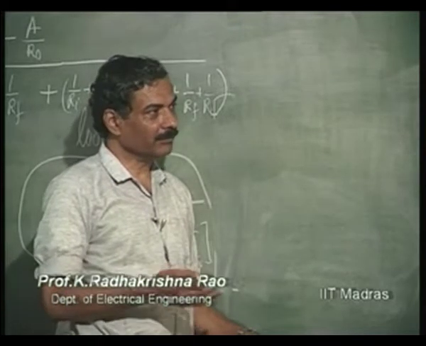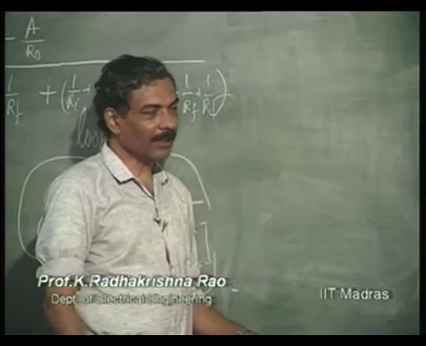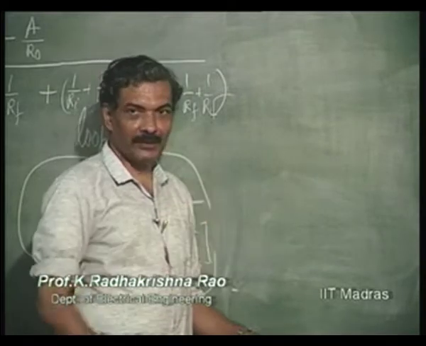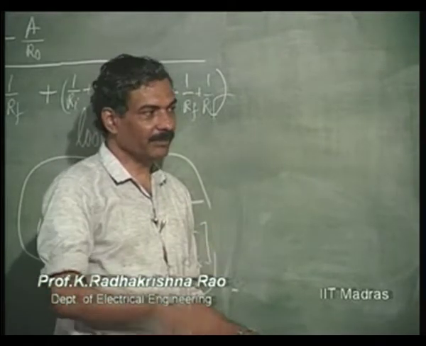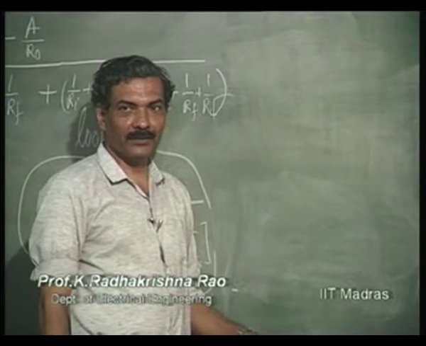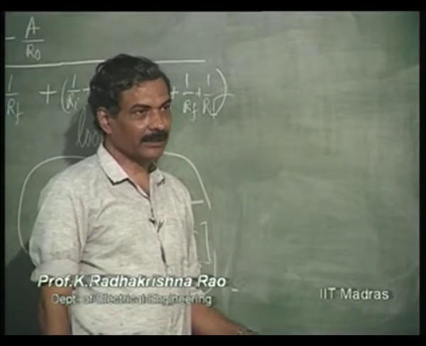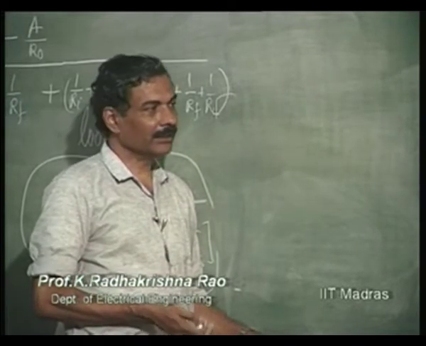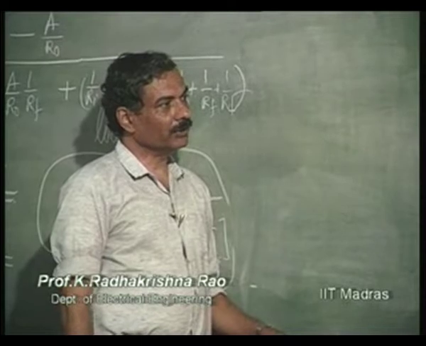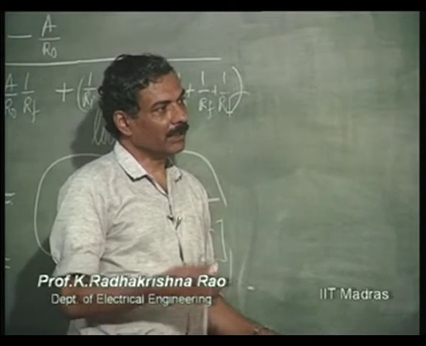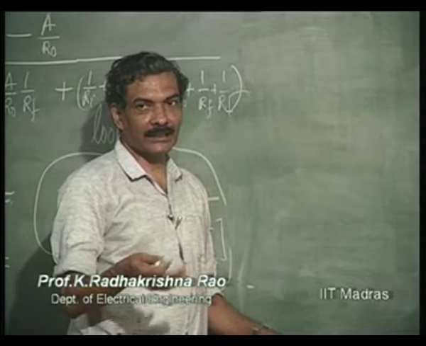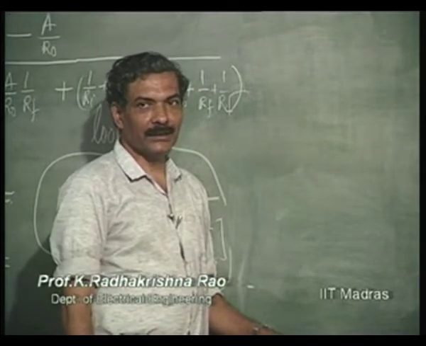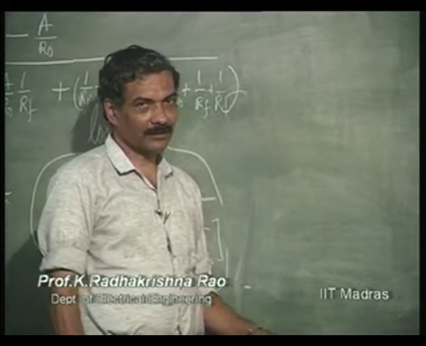In the light of the op amp being made available to us, we have understood negative feedback, and we have seen that negative feedback improves the performance of the amplifier enormously, brings about linearity, brings about insensitivity, and also reduces the effect of noise, etc. Now, let us see what happens if we give positive feedback.